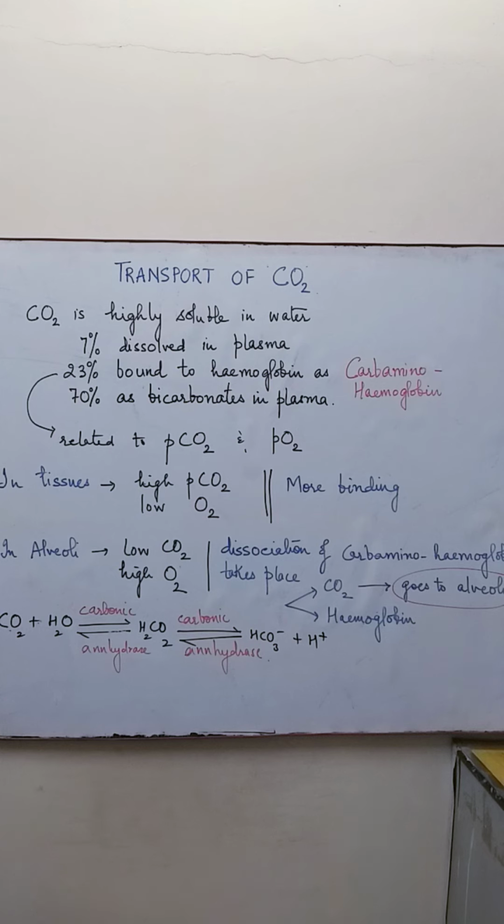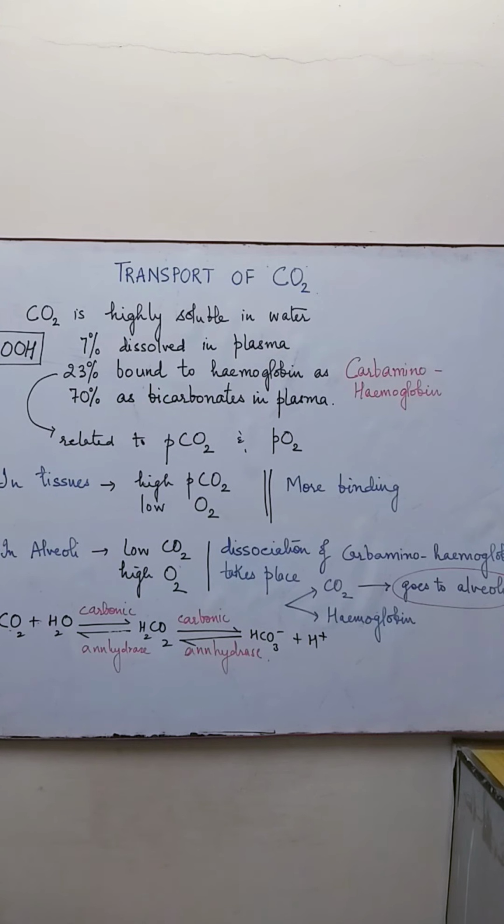The carb-amino hemoglobin is a compound which is represented as HbNHCOOH. This is carb-amino hemoglobin.